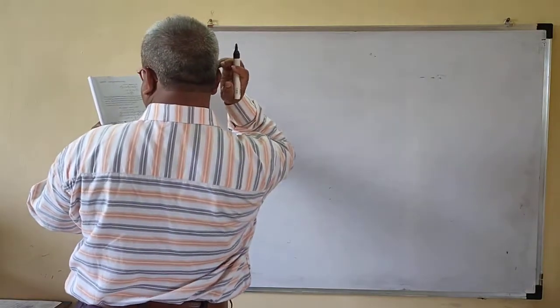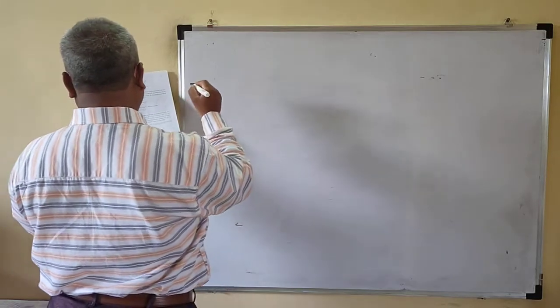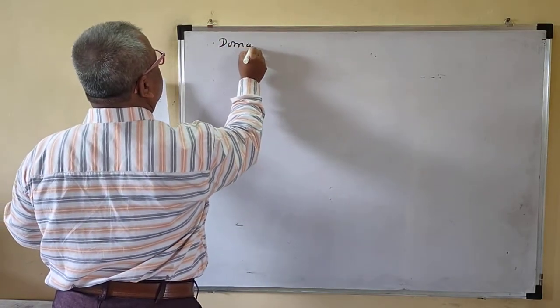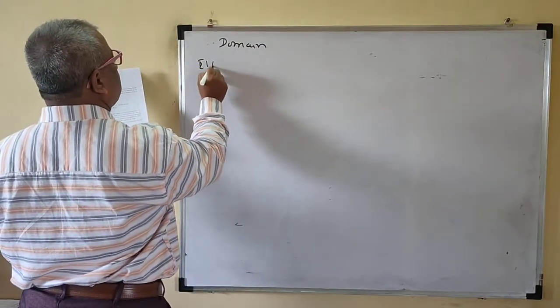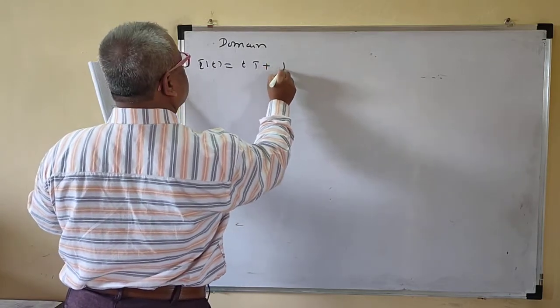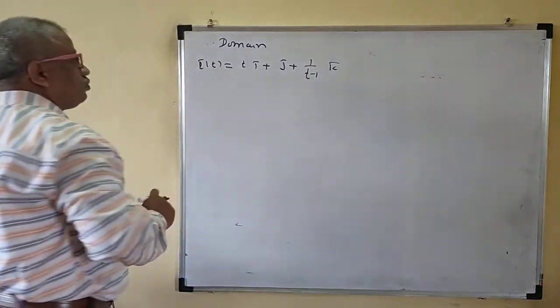Next, you want to find the domain of the function. Suppose R bar of t is equal to t i bar plus j bar plus 1 upon (t minus 1) k bar.